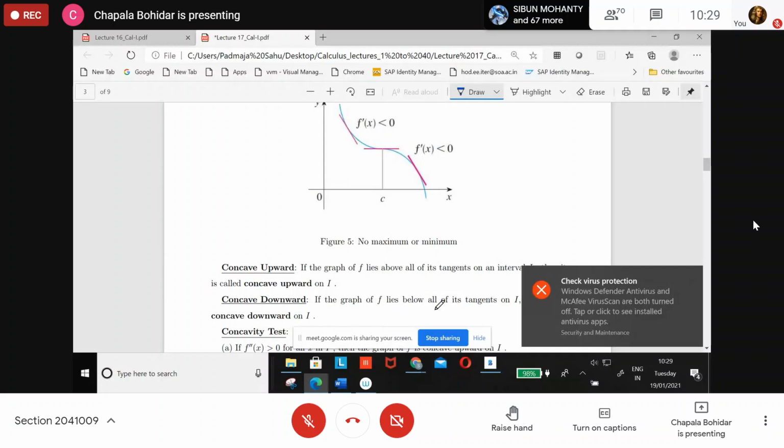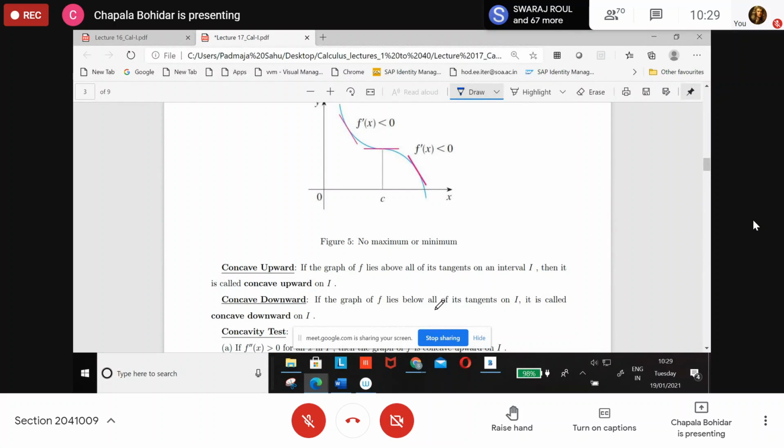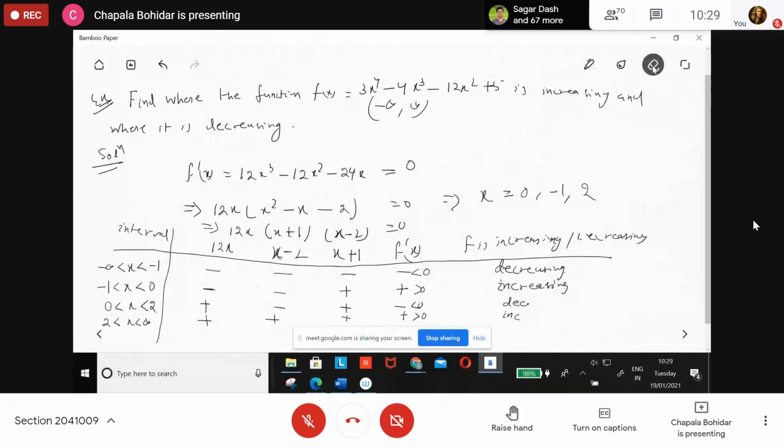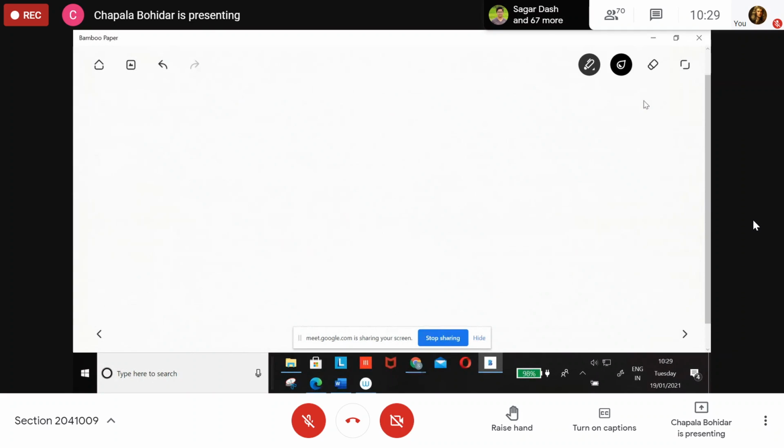Okay, now do one more problem. Find the local maximum and minimum values of the function g of x is equal to x plus 2 sin x, where 0 is less than or equal to x is less than or equal to 2 pi.